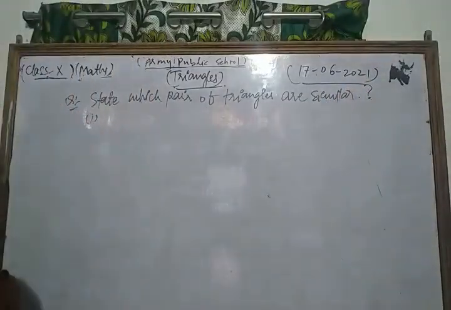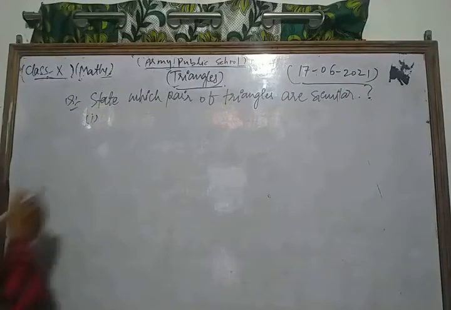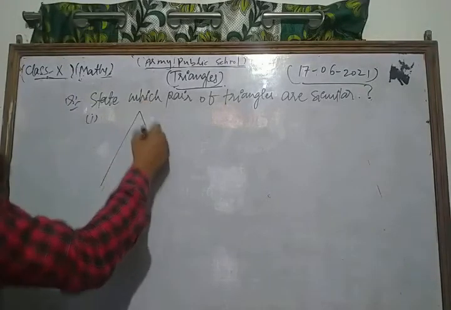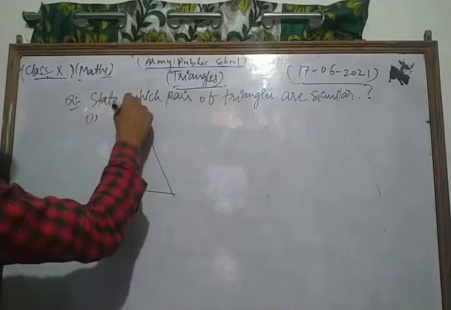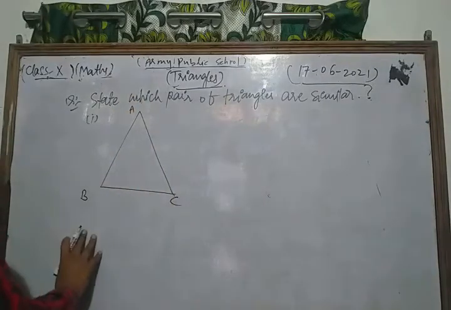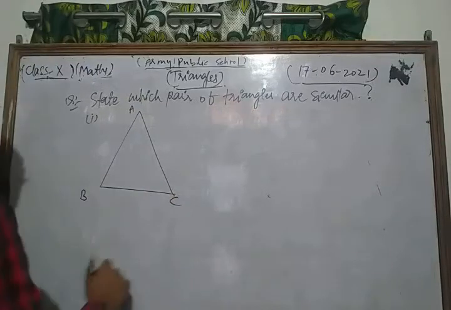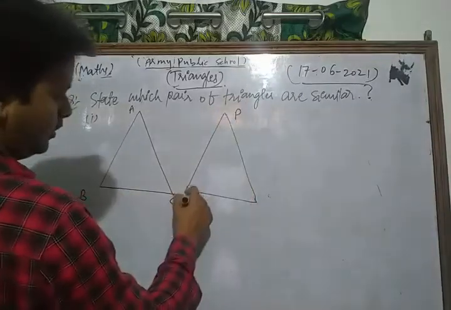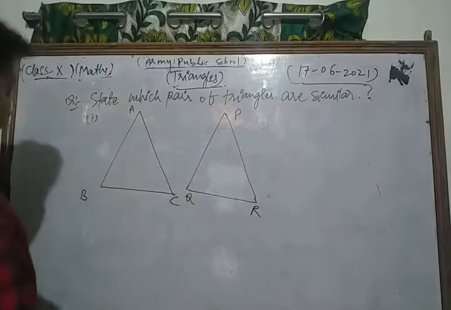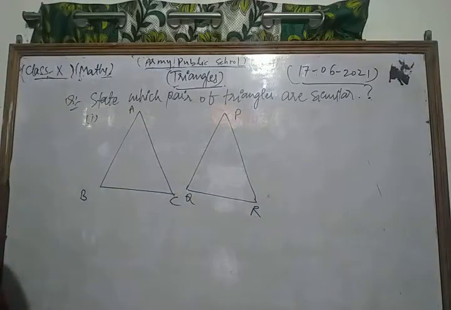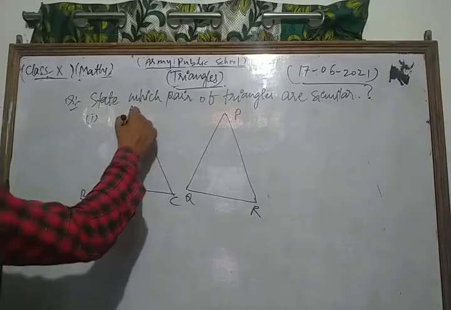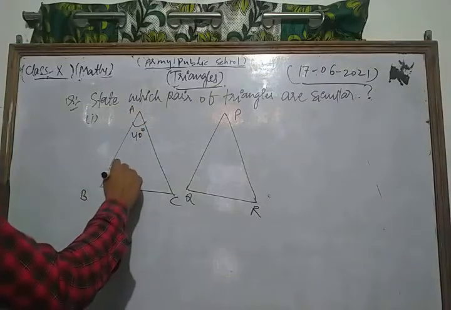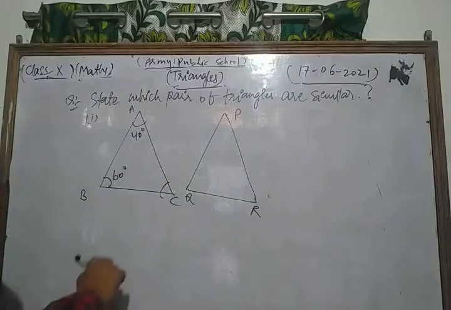The first part of that question: triangles ABC and PQR. Two triangles are there, and the angles are 40, 60, and 80.